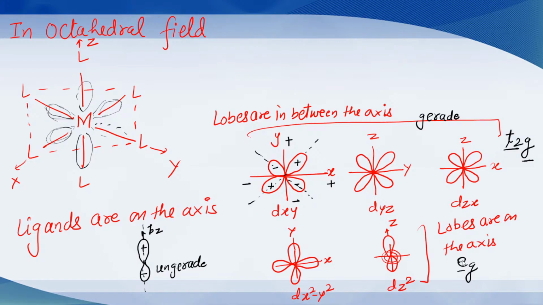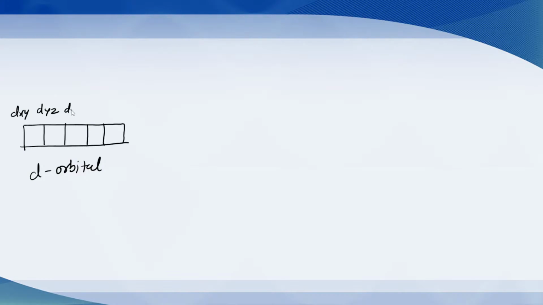Now if we have a free ion, in the free ion the d orbitals, that is dxy, dyz, dzx, dx square minus y square, and dz square, have similar energy, and they are called degenerate orbitals. This is for the free metal ion.